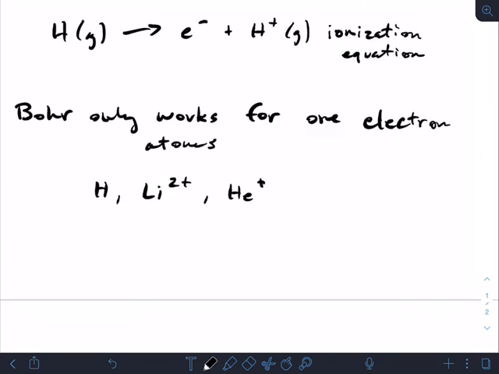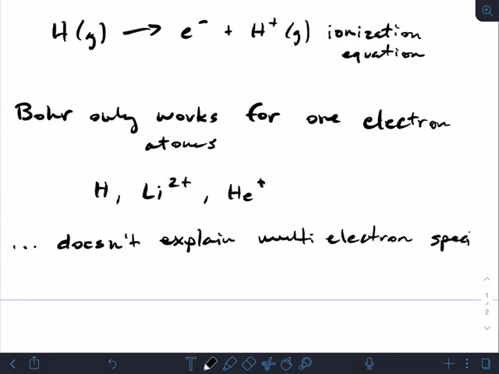So anything more than that, we're in trouble. It doesn't explain multi-electron atoms, multi-electron species, which is pretty much everybody, okay? So, enter quantum theory.